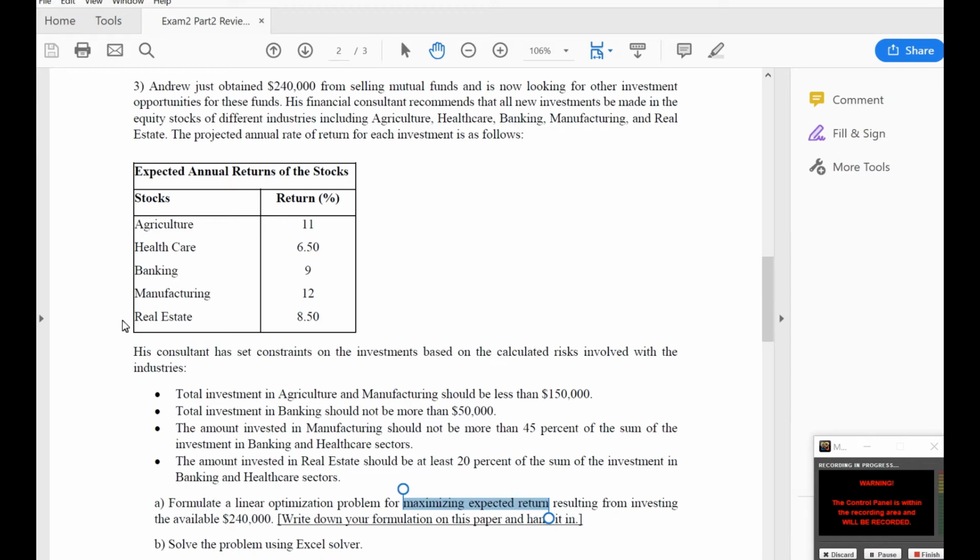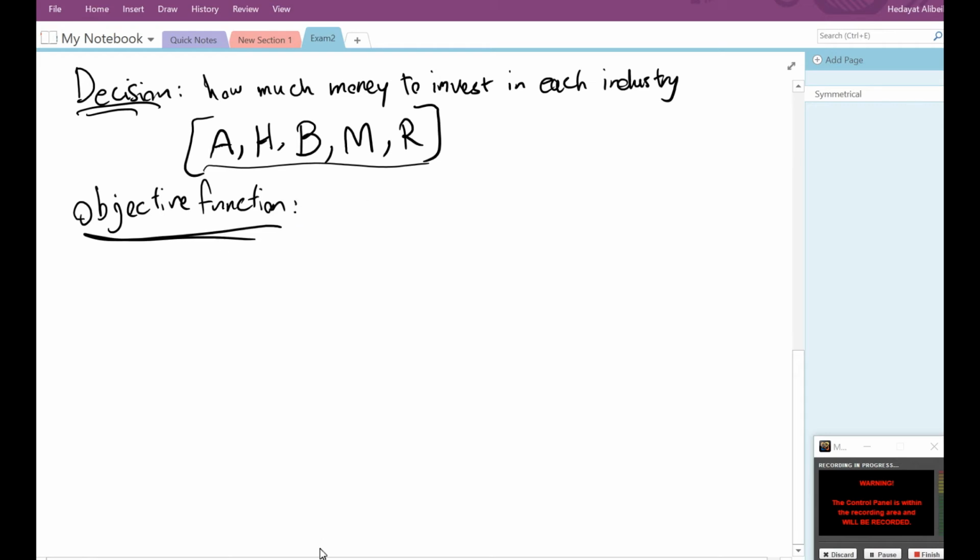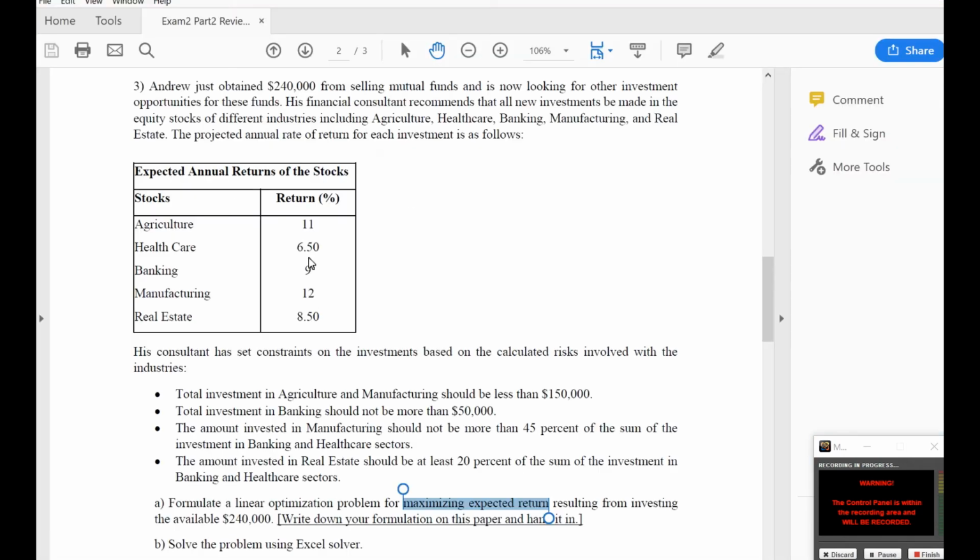So the objective function would be the maximum of expected return, which is, if he invests $1 in the agriculture industry, he's expected to get 11% out of it.